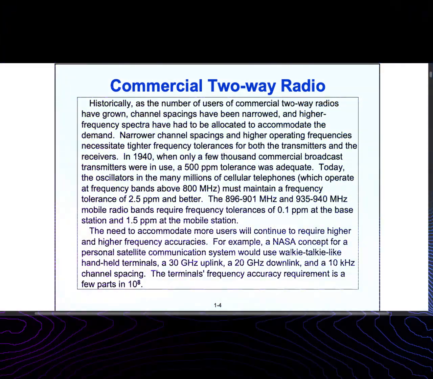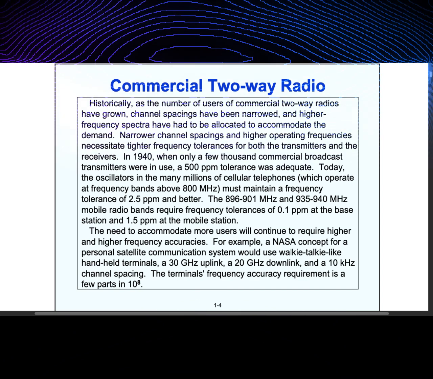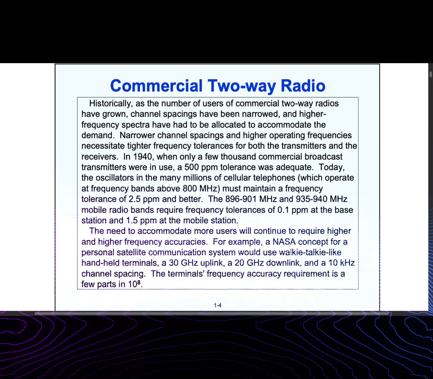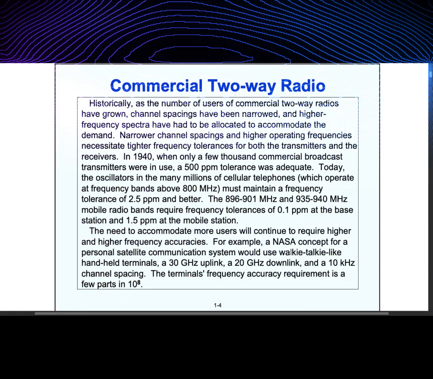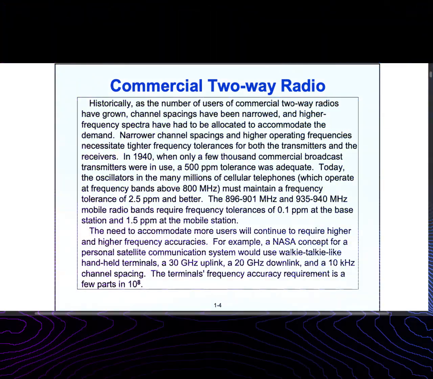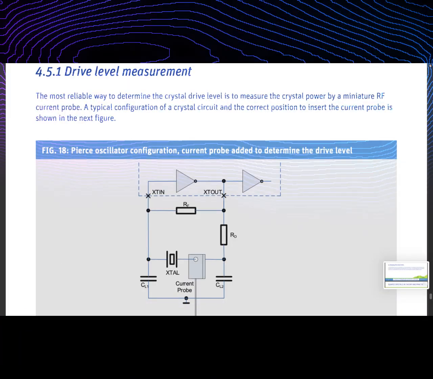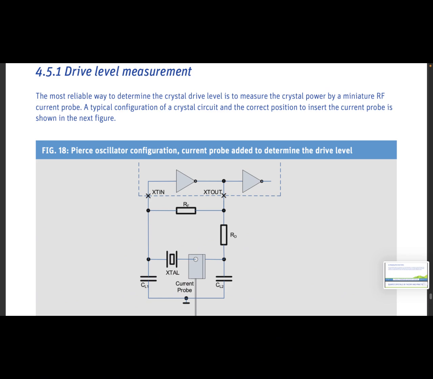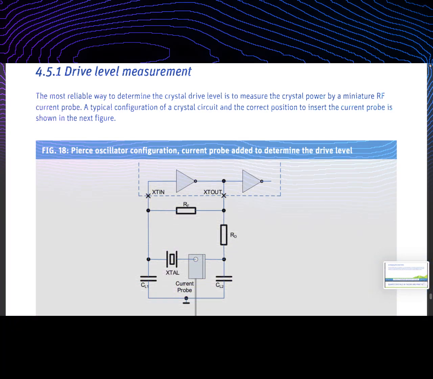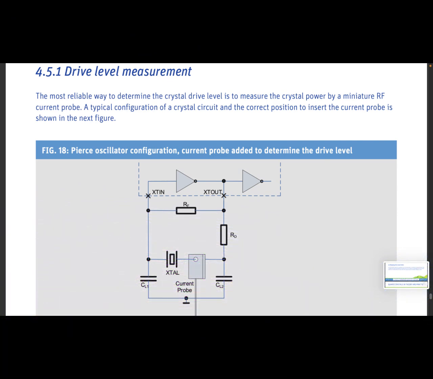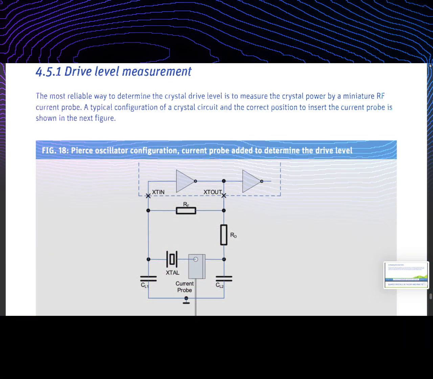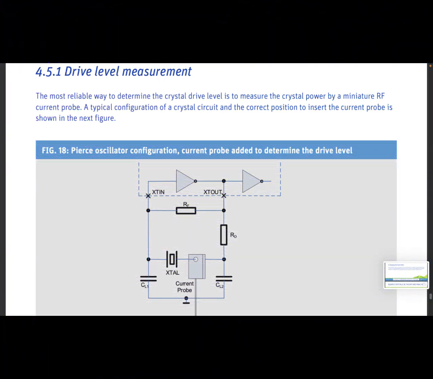AT cut characteristics. The frequency over temperature characteristic resulting from the AT cut has a frequency versus temperature coefficient that can be approximated by a cubic function of the operating temperature. The individual FT characteristic can be precisely controlled.